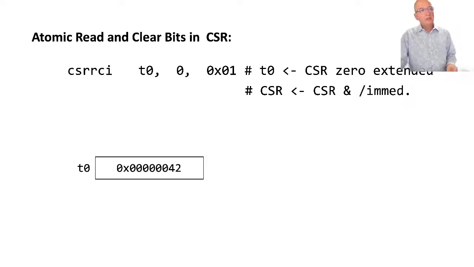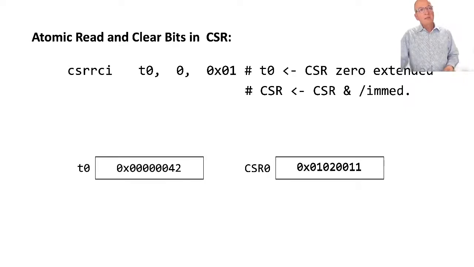In this case, what it means is that the bit 0 of CSR has to become 0 after I execute this operation. So this is for the case where I only want to clear a few bits. I may be able to do that with an immediate value instead of having to load the position of the bits that I want to clear into a register prior to the execution of the instruction.